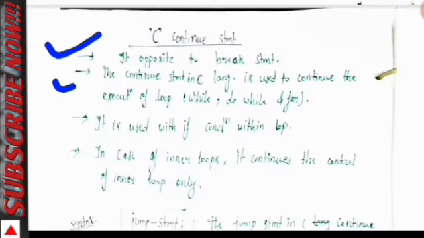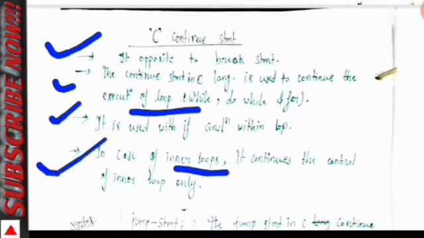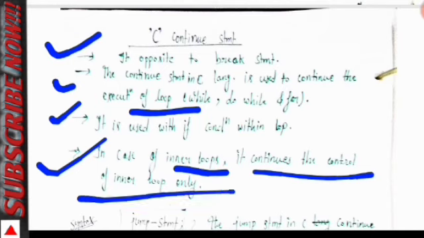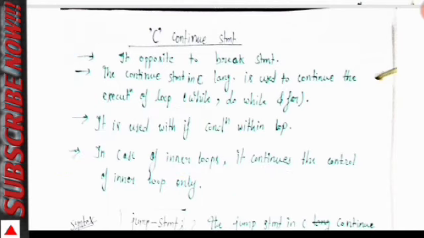The continue statement in C language is used to continue the execution of loops like while, do while and for loop. It is used with an if condition within the loop. In the case of an inner loop, it continues the control of the inner loop only. Now come to the syntax of the continue statement.